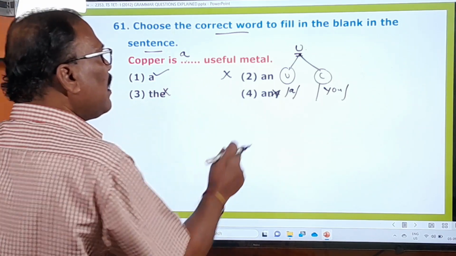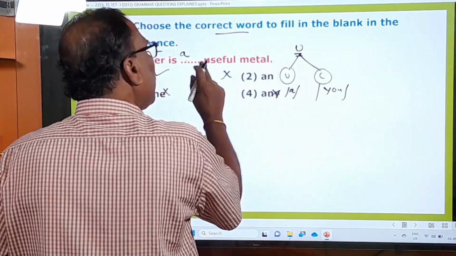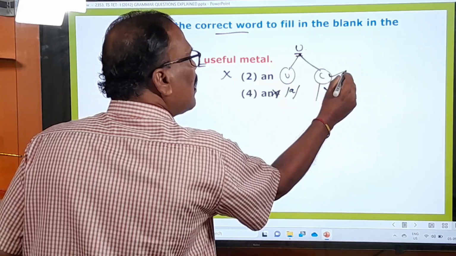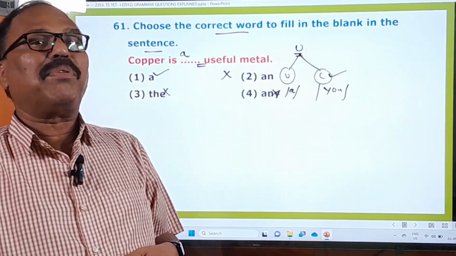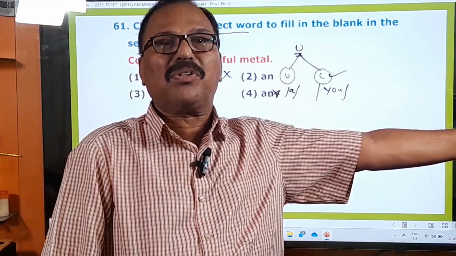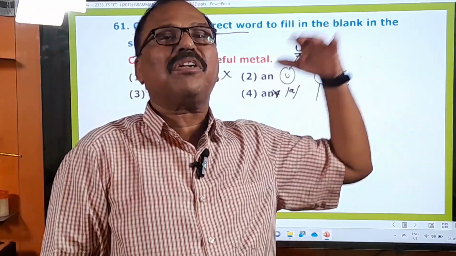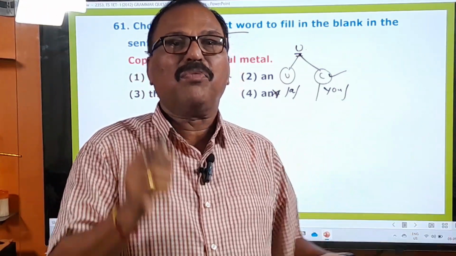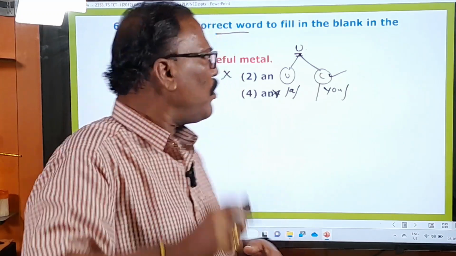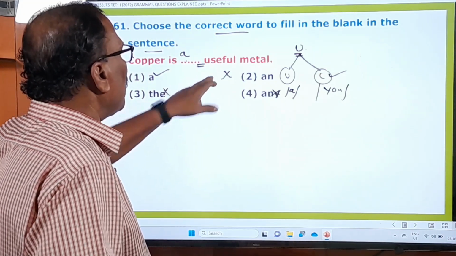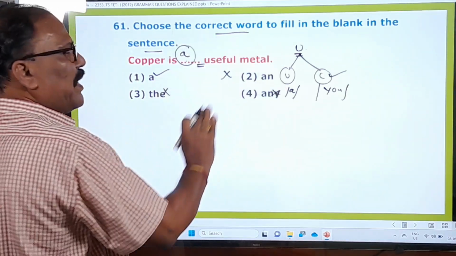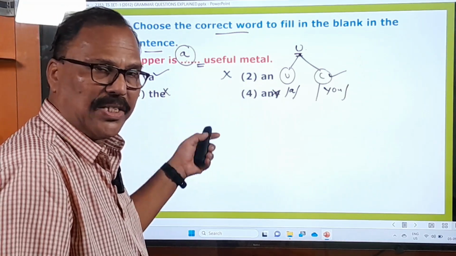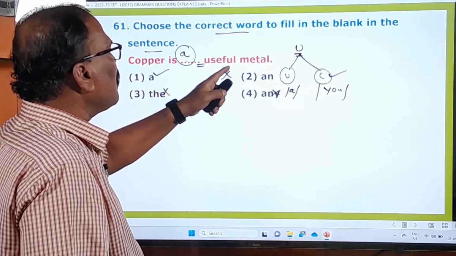So in this way, this U in this word is giving a consonantal sound, and you know very well there is a broad rule. What is that? Before the words beginning with a vowel sound, we must use an. Before the words beginning with a consonantal sound, we must use a. So here this is beginning with a consonantal sound, and therefore we have used a here. This is the logical explanation for this answer, right? And therefore copper is a useful metal, right?